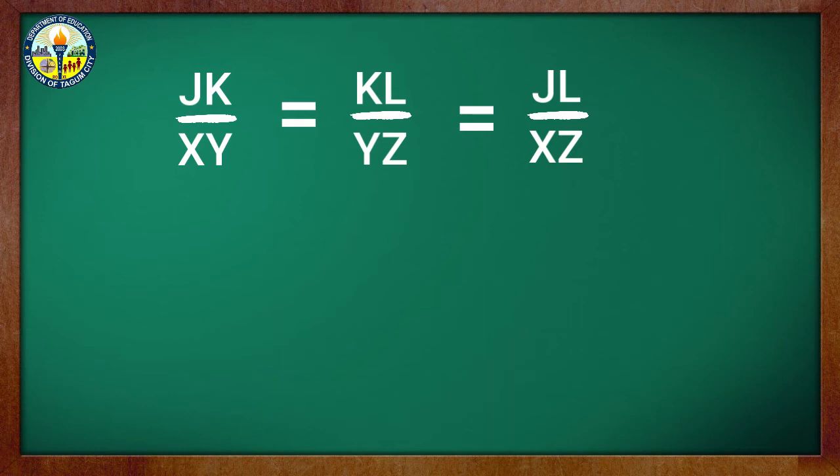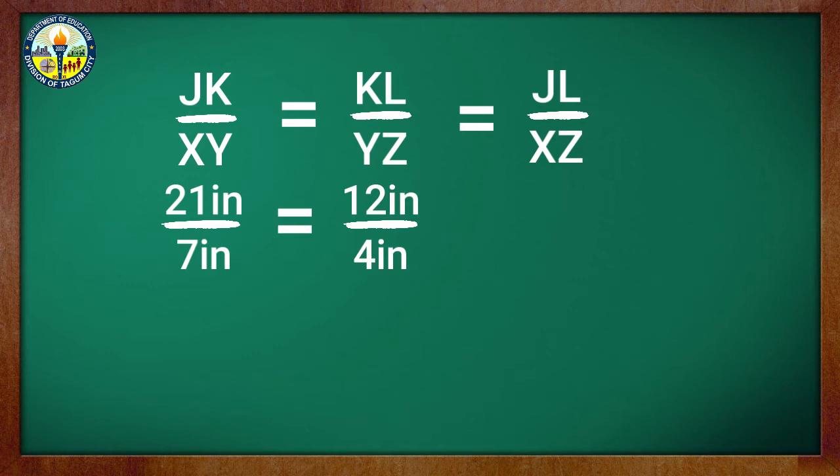Let's show this by substituting the given lengths of the sides to the equation. We have 21 inches over 7 inches is equal to 12 inches over 4 inches, is equal to 15 inches over 5 inches. We simplify further.